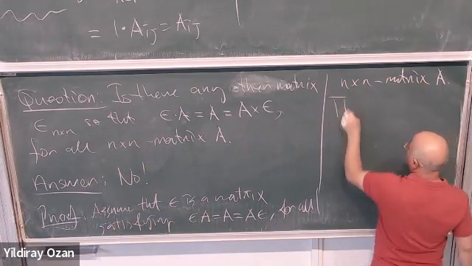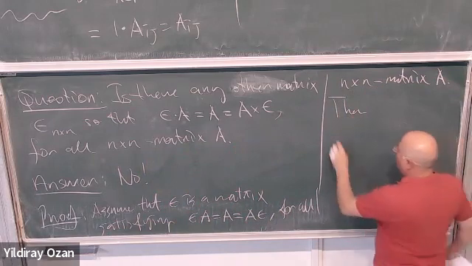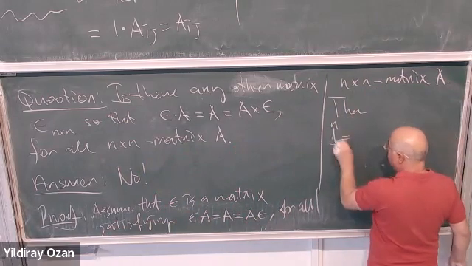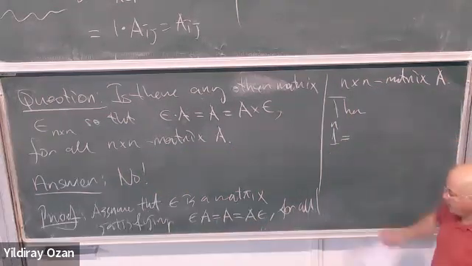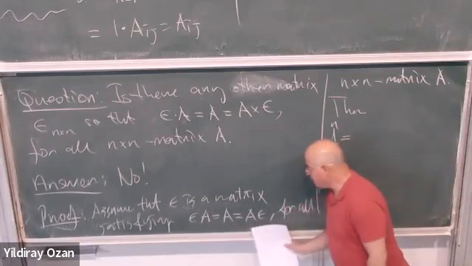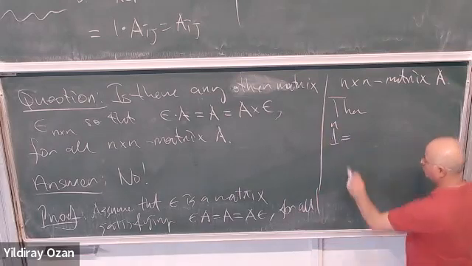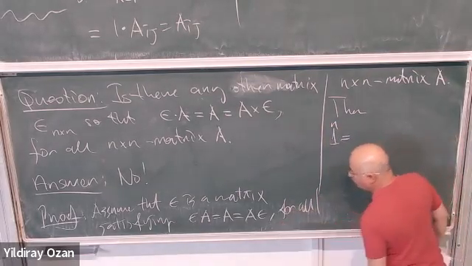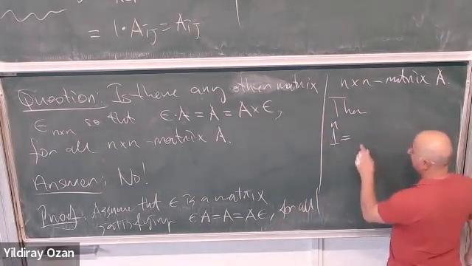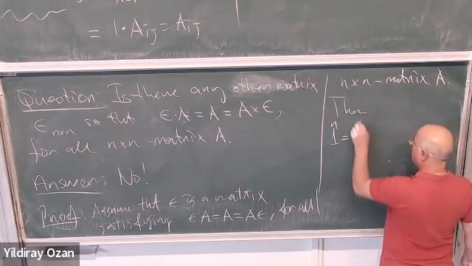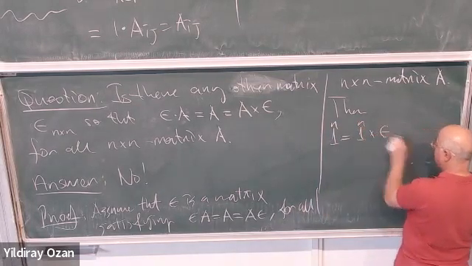Then I have this. Identity element is an n by n matrix. And since I have this equality for all A, that should be true also for A equals identity. So this should be just this.